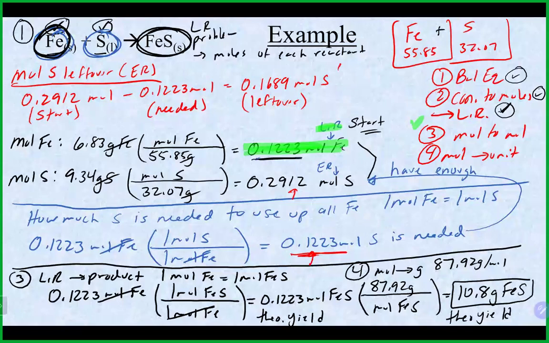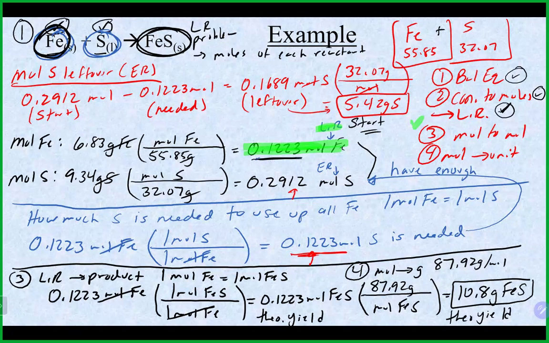And again, if we want to know how many grams that would be, we could use the molar mass of sulfur. And those will cancel. And that would equate to approximately 5.42 grams of sulfur left over. So we started with about 9.34 grams of sulfur.